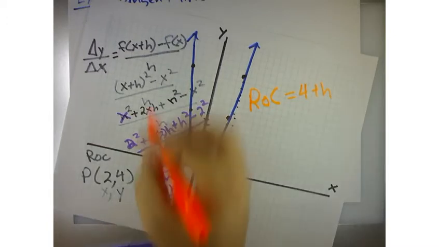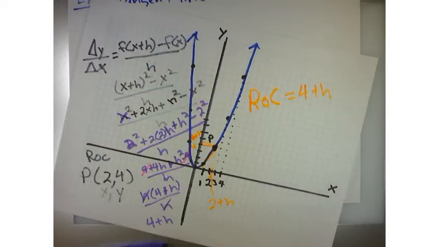So whatever I choose h to be, that will be my average rate of change. If I choose h to be really small, like 0, my rate of change would be 4. If I let h be 0.1, my rate of change should be 4.1. Does that make sense? Yeah.